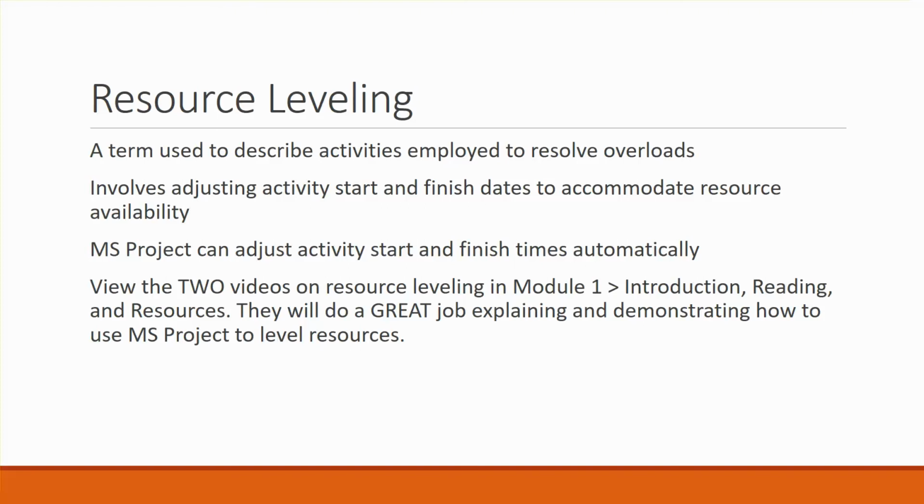Now, there are a couple of different ways. First of all, Microsoft Project in and of itself has the ability to automatically resolve over allocated resources. It's a button you press, and what it'll do is it will move activities around and change start and finish times to accommodate availability of resources.